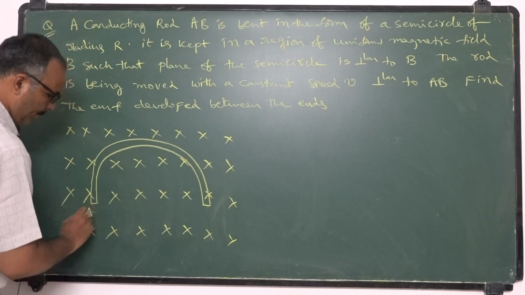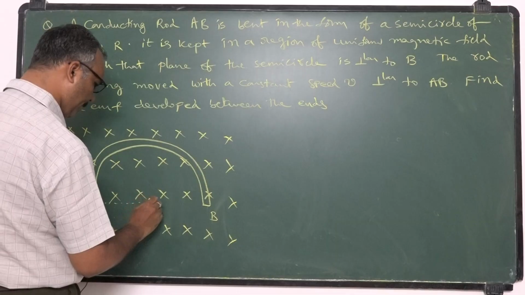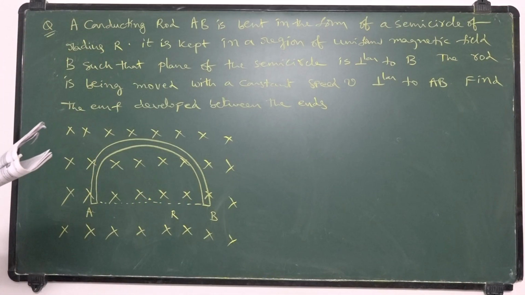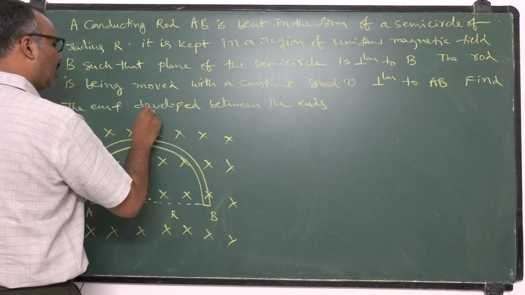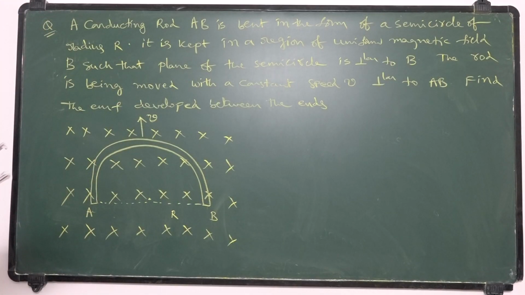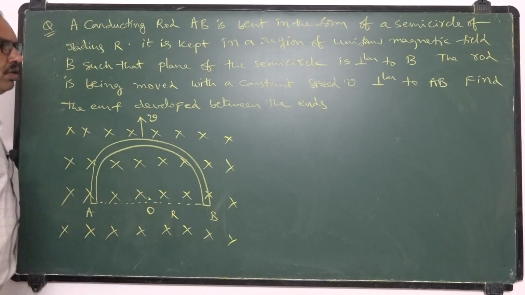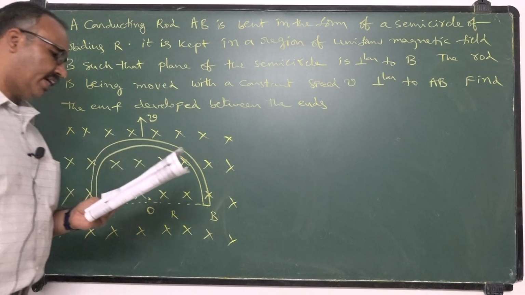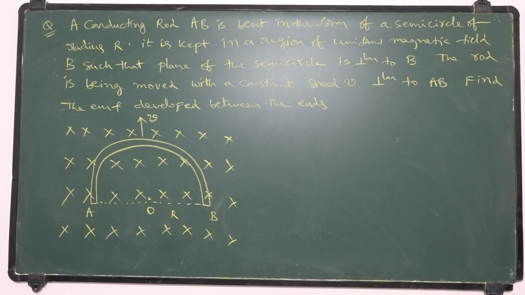So this is A, this is B, this is the center. R is the radius of this semicircle, and this rod is moving with a constant velocity v perpendicular to AB like this. This center I am taking as O. Now I would like to find the EMF developed between the ends A and B.